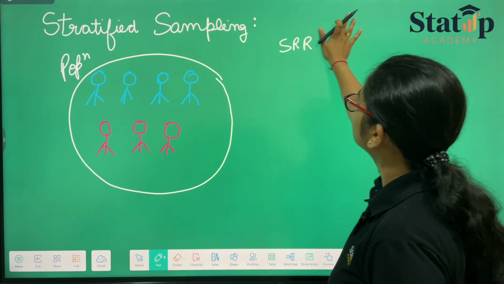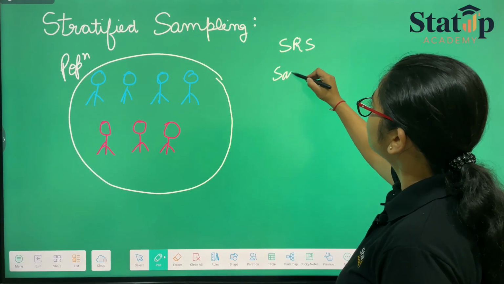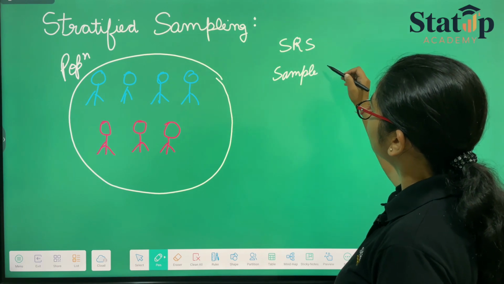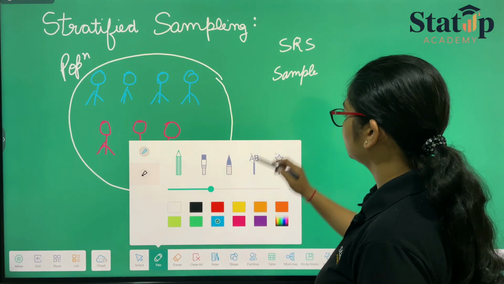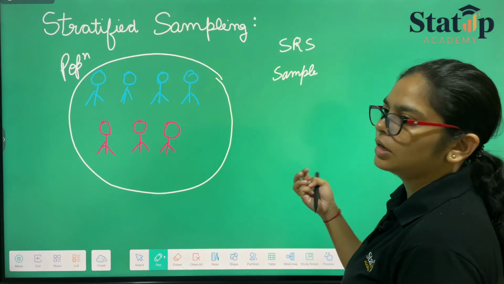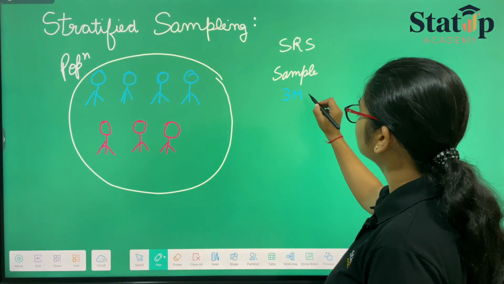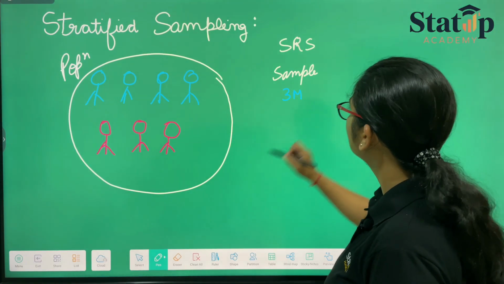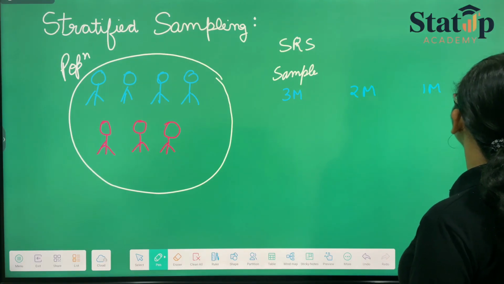First sample, sample 1, can be one man. Suppose we have to take out three samples from it. This can be three men, this can be two men, this can be one man, and this can be zero men.